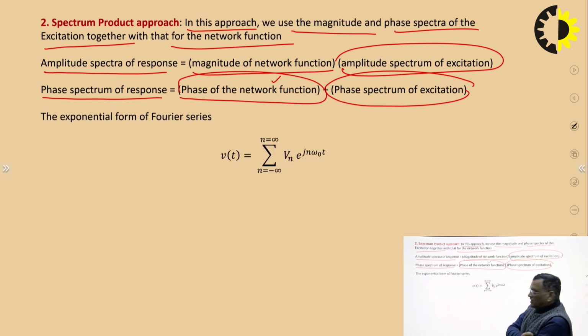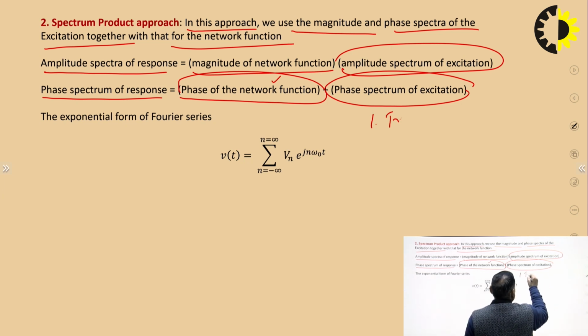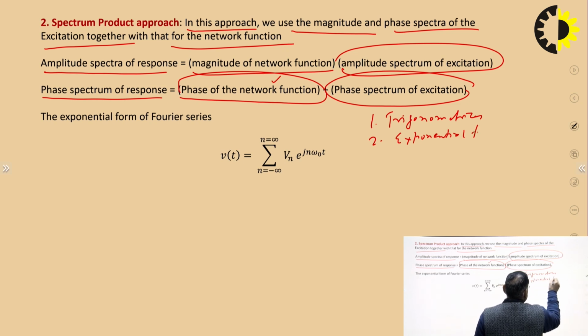Yesterday we discussed that the Fourier series can be represented first in the trigonometrical form, then the exponential form, and third the cosine form.